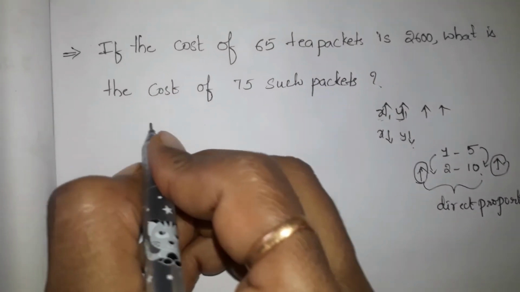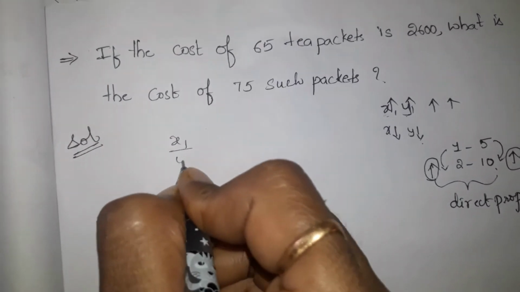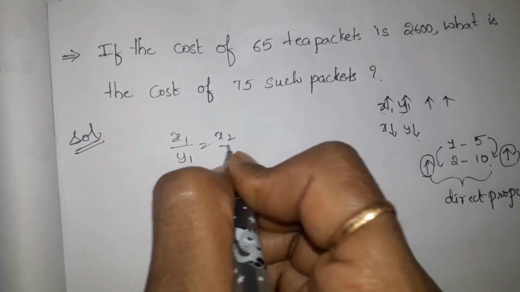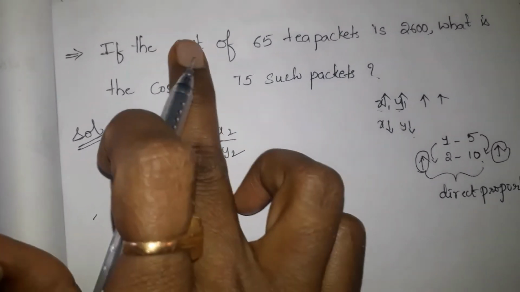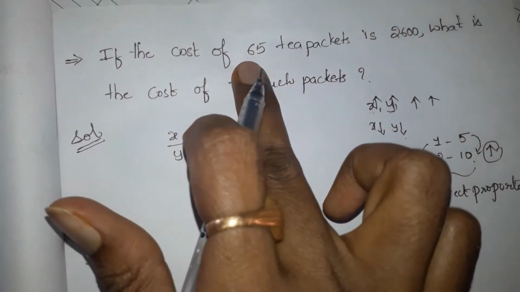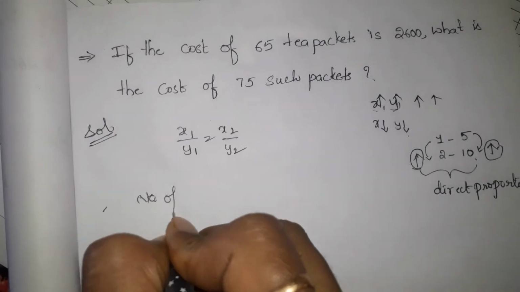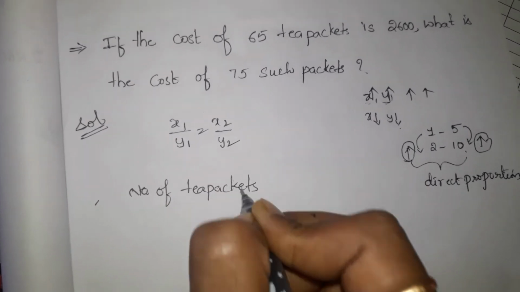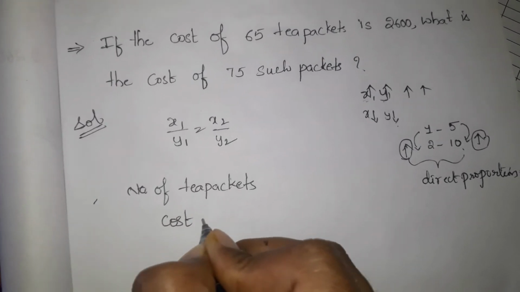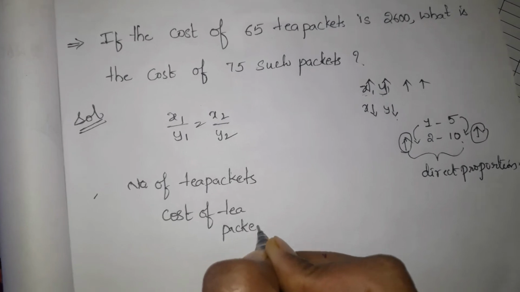So as we know, in direct proportion the ratio always remains the same, right? So we'll write what is given: the number of tea packets and the cost of tea packets.